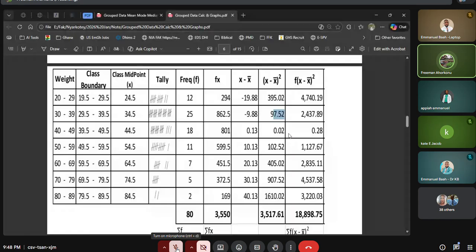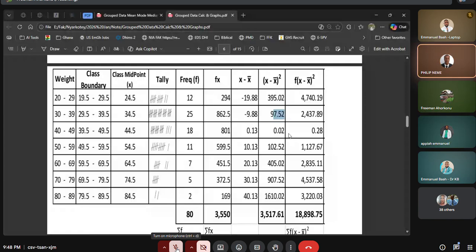We are squaring all the answers here and putting the squares here. When you square this, you put the answer on the right side. When you square this, you put the answer here, in that order. We are not adding, we are not subtracting.